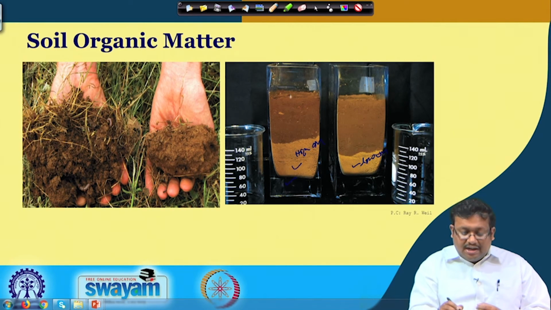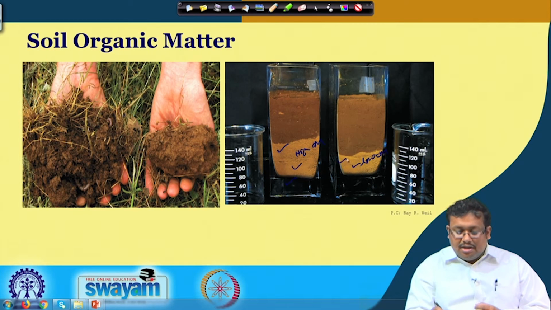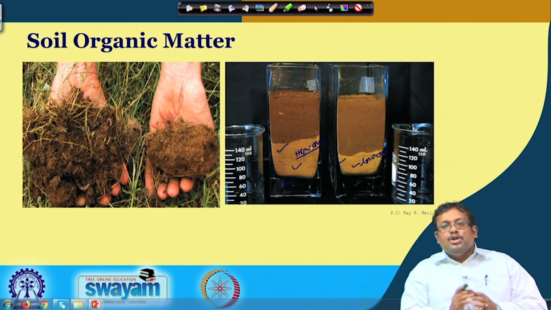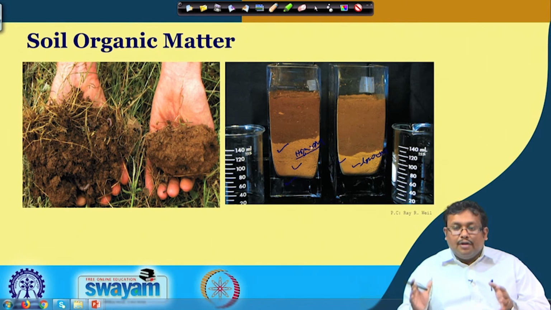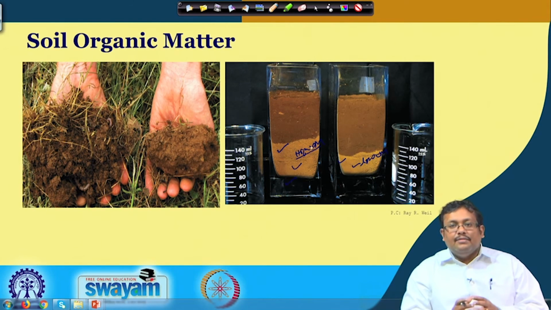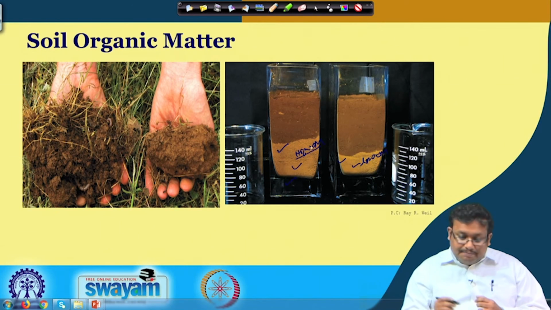That means the water has penetrated less in this soil as compared to this soil. So, the first soil with a high amount of organic matter shows higher water holding capacity, and this is very good for better growth of the plant, because the plant will have more water in this type of soil.